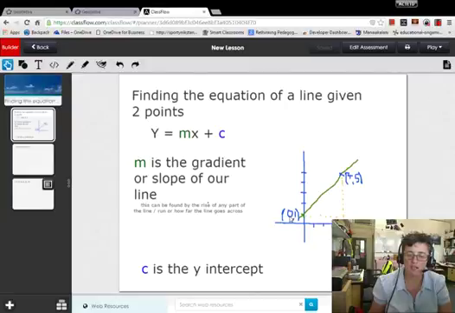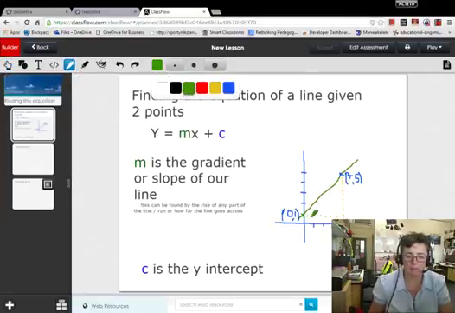So in this case, it's 0 and 4. So the distance between this point here on the x-axis and the corresponding point under the line here is actually 4 units. The difference between 0 and 4 is 4 units.